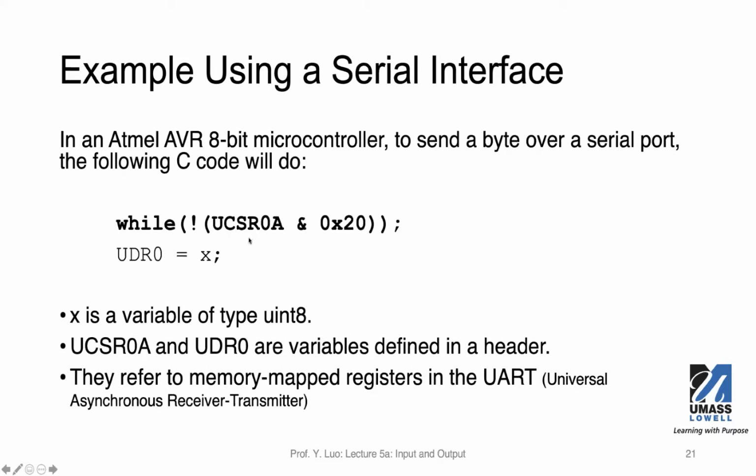That bit will tell me whether the transfer register is available. Remember earlier I said that the transfer register is the one that the UART will use to store the outgoing byte and then shift that value bit after bit and send the bit out of the serial TX wire.